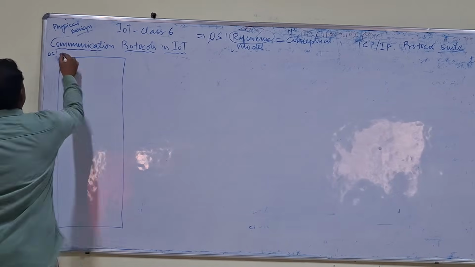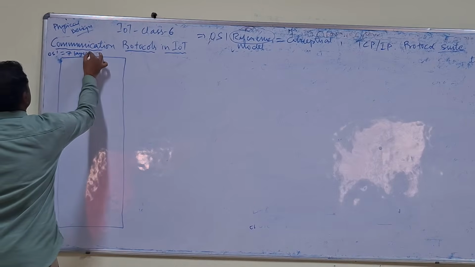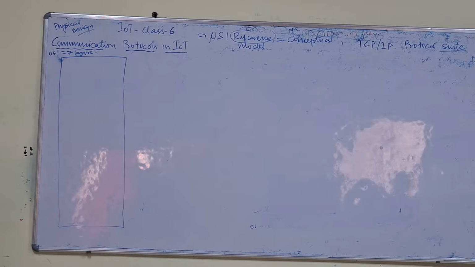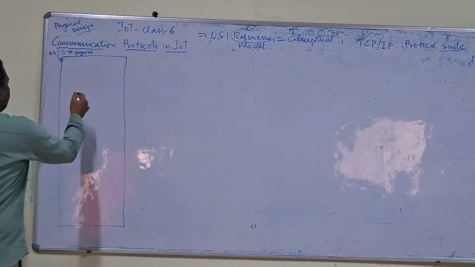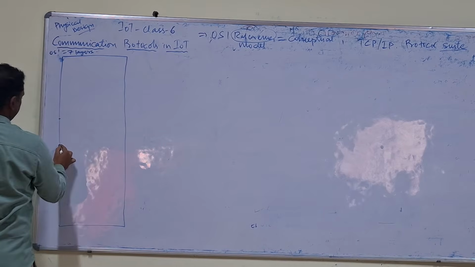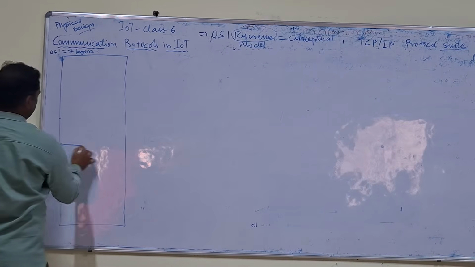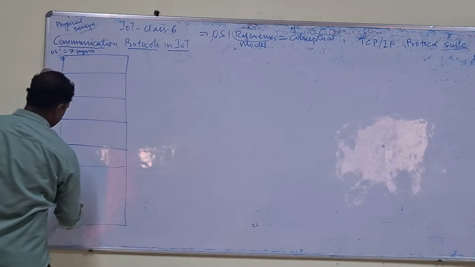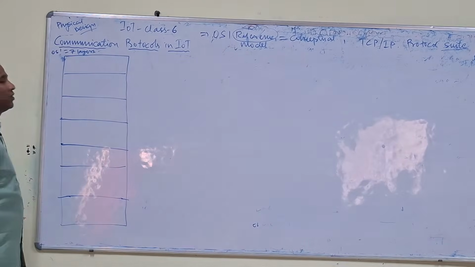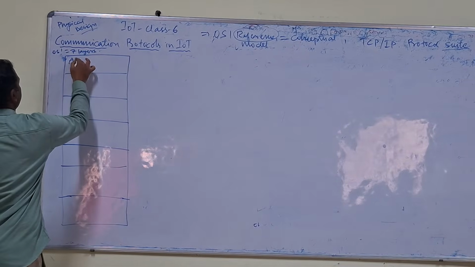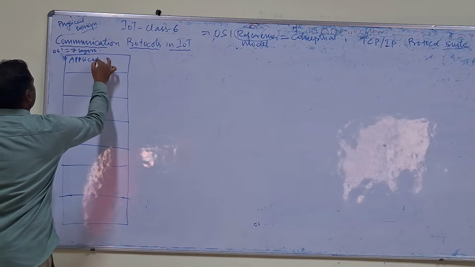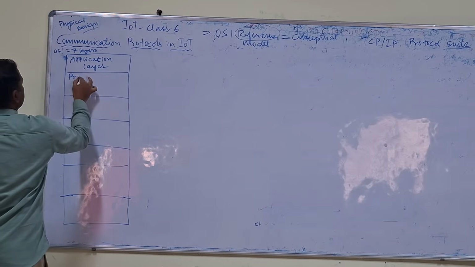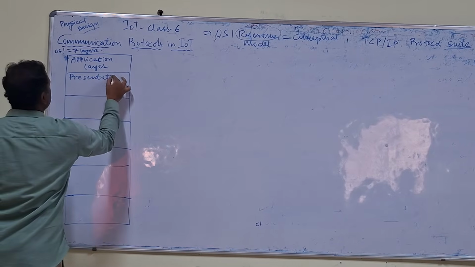This has 7 layers. The first layer we call the application layer. The second is the presentation layer.